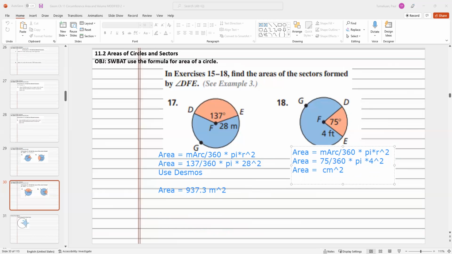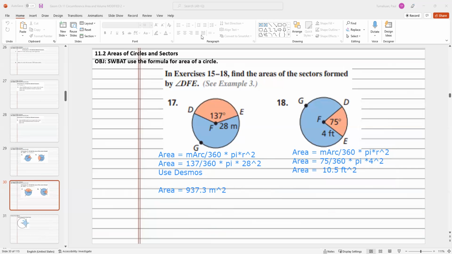They're all the same. 75 divided by 360, put the cursor on top, times pi times 4 squared, and we get 10.5 feet squared. And that is it.